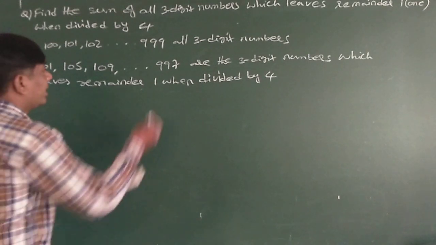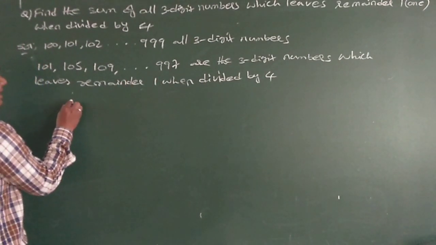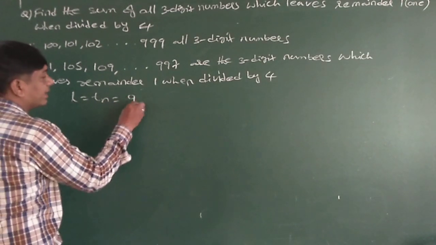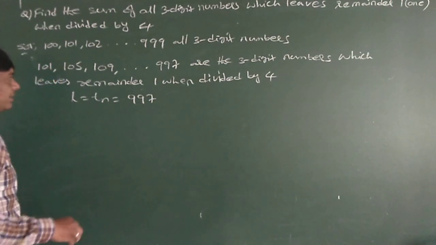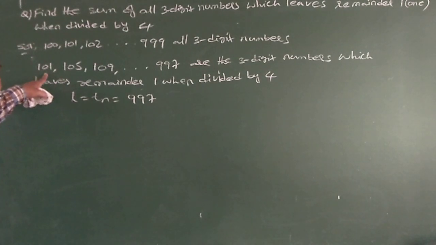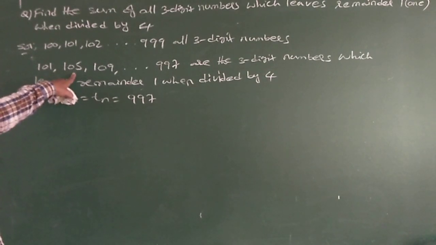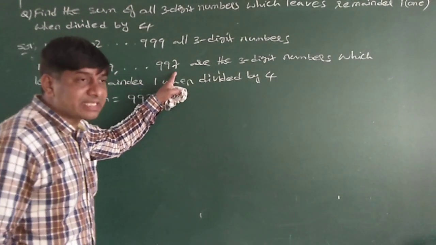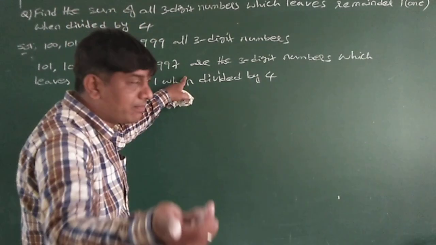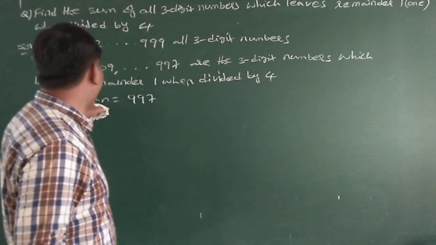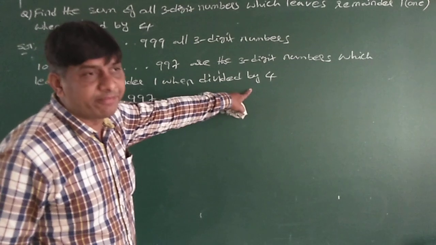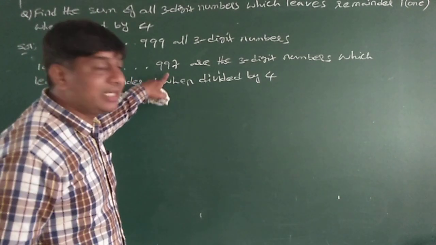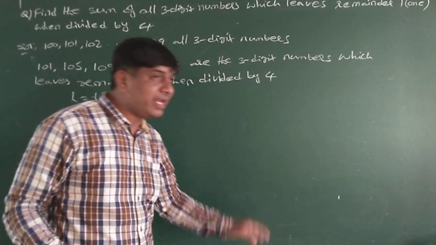Tn is equal to 997. 101 is the first number, 105 is the second number, and so on. 997 is the last 3-digit number which leaves remainder 1 when divided by 4.